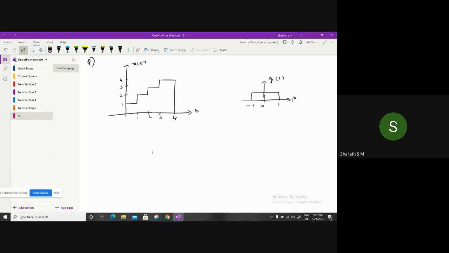So like that we need to split the whole signal. So we have a signal from 3 to 4. And then we have a signal from 2 to 4.